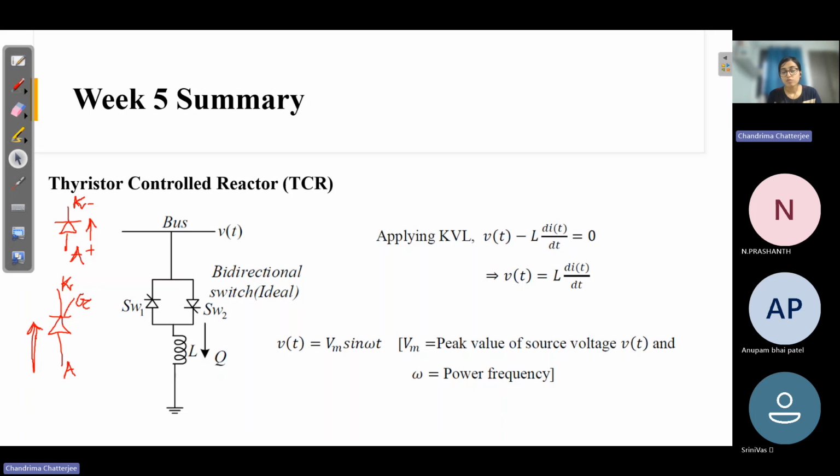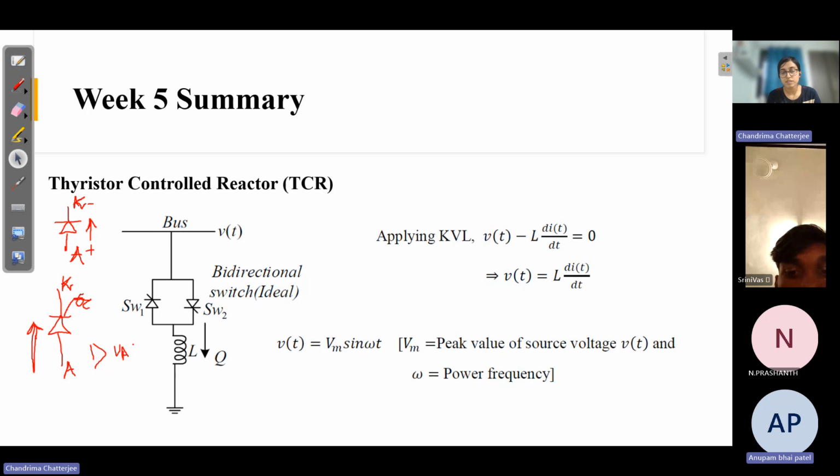For a thyristor, when it is forward biased, that is when the anode potential is greater than the cathode potential, the thyristor is now ready to conduct, but it will not conduct until you provide a trigger signal. So this is kind of a green signal. It is ready to conduct when it is forward biased, but the moment you get the gate signal, it will start conducting. So there are basically two conditions for a thyristor to conduct. The first condition is that it should be forward biased, so V anode should be greater than V cathode.